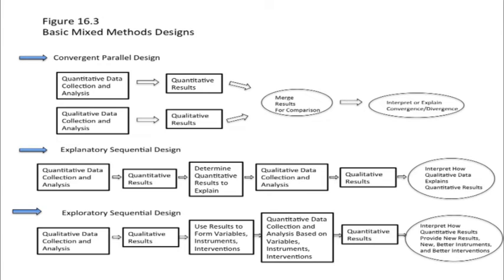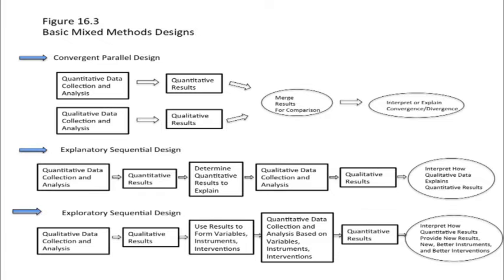I want to return to a figure that I presented before of the three basic designs: the convergent parallel design, the explanatory sequential design, and the exploratory sequential design. What you can see here is that I've drawn boxes around data collection and analysis, the results, and then the interpretation phases.